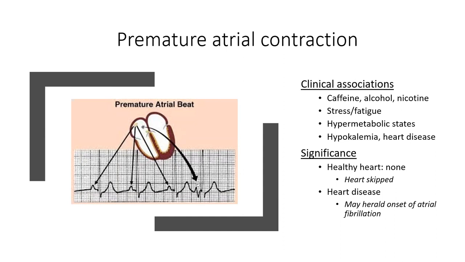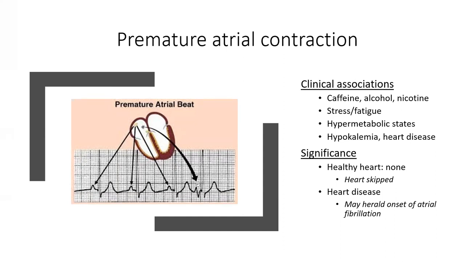With this, your clinical associations can be things like caffeine, alcohol, nicotine, stress, fatigue, hypermetabolic states, hypokalemia, and heart disease. Significance: with a healthy heart, none. If you've got a healthy heart, you don't really have to worry about this. It's just that heart-skipped-a-beat feeling.